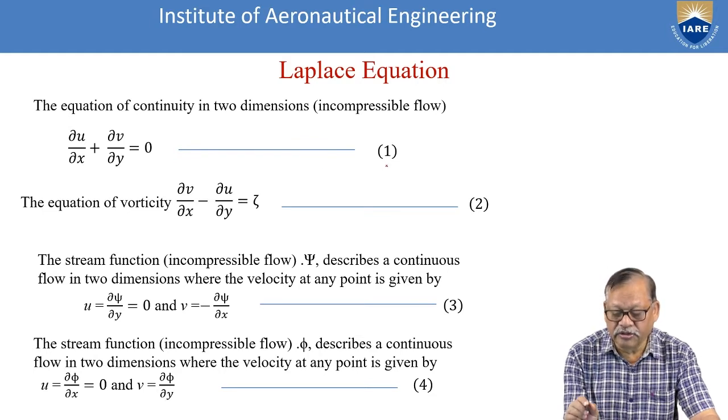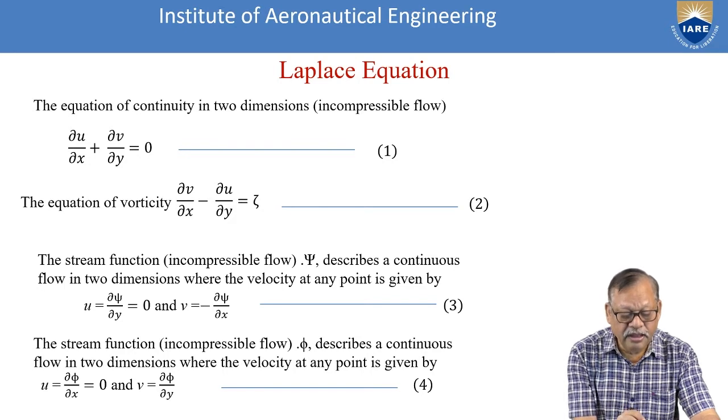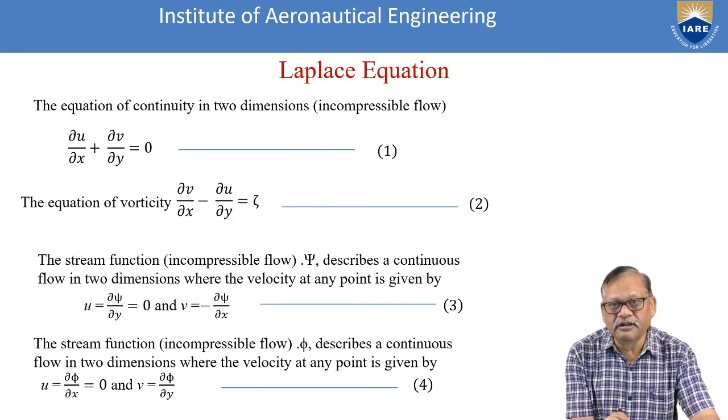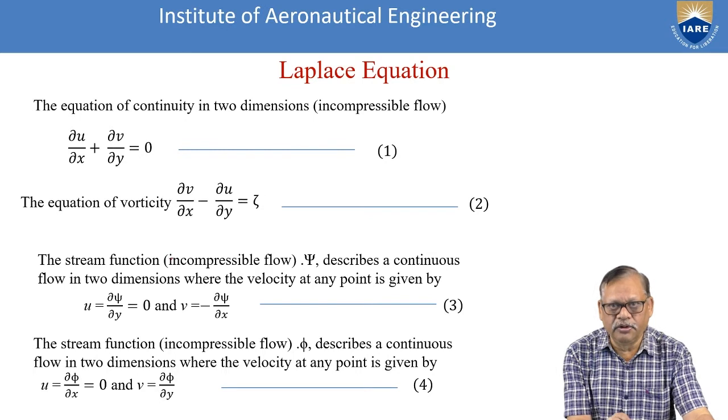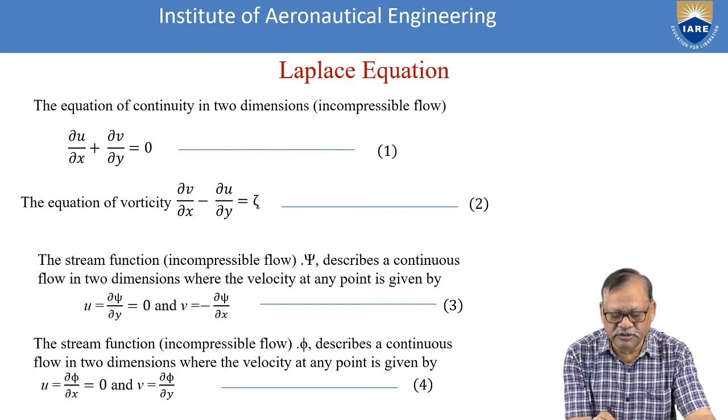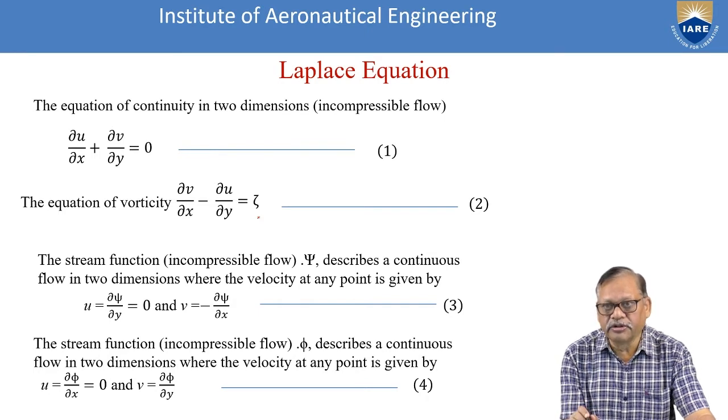That is my equation 1. The equation of vorticity, dou v by dou x minus dou u by dou y is equal to zeta, will be my equation number 2.